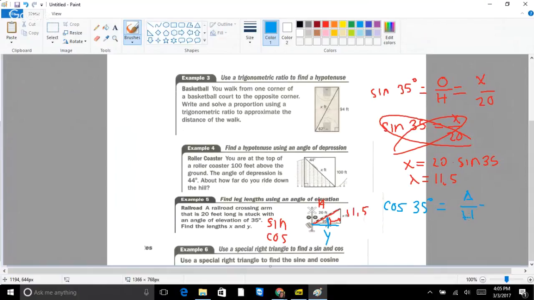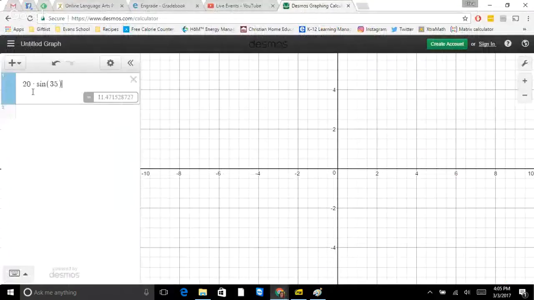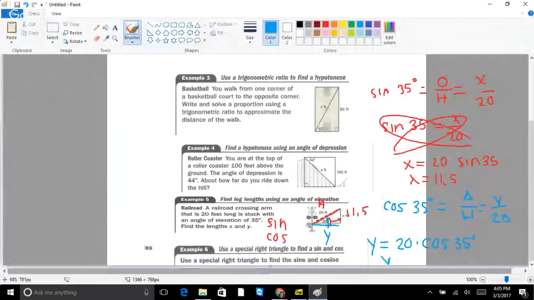So the adjacent side is y, and the hypotenuse is 20. So that means that y equals 20 times the cosine of 35 degrees. And let's flip back over and find out what that would be. 16.4, let's say. So y equals 16.4.